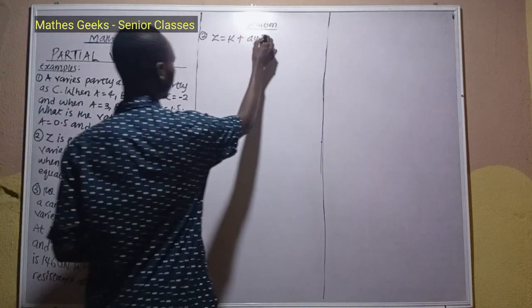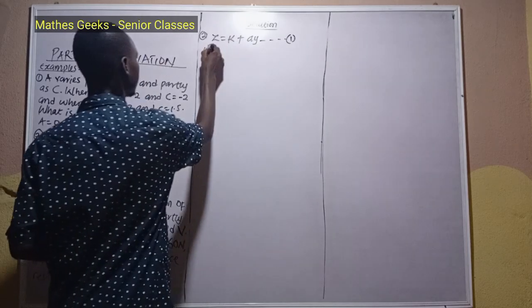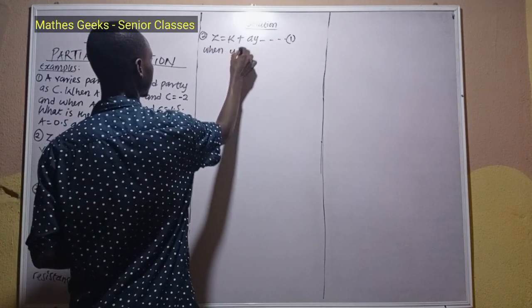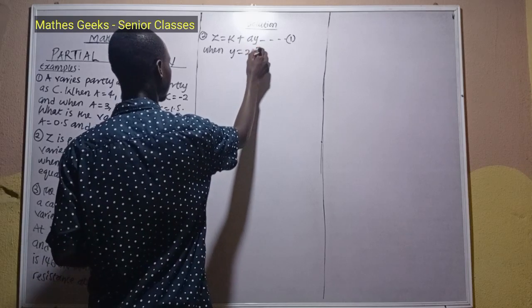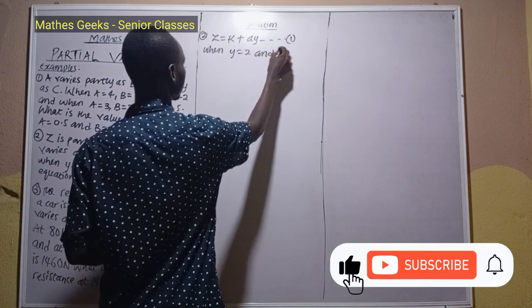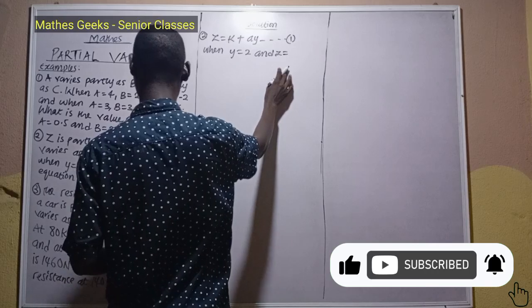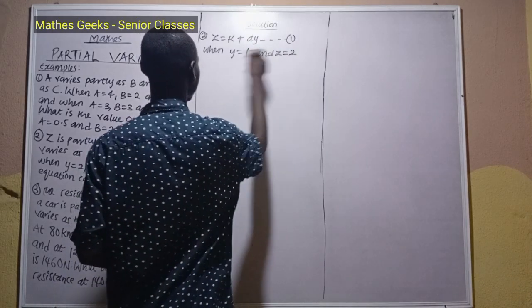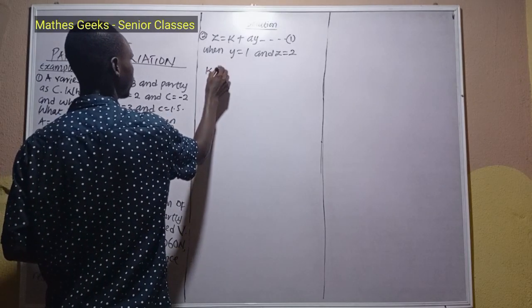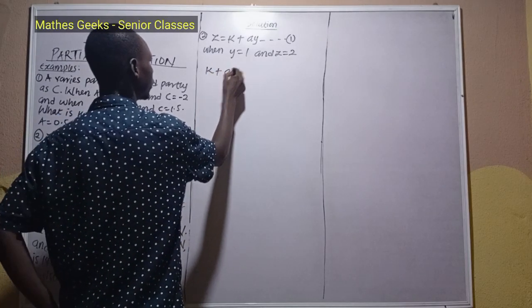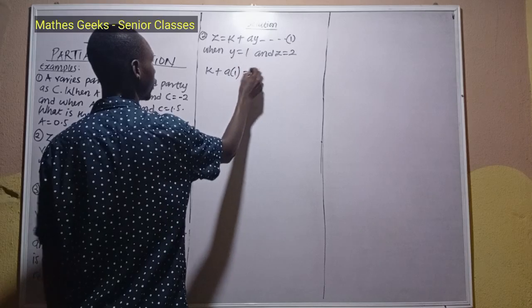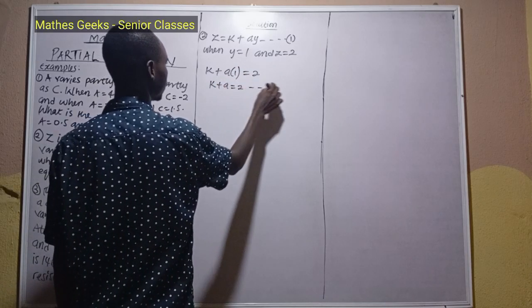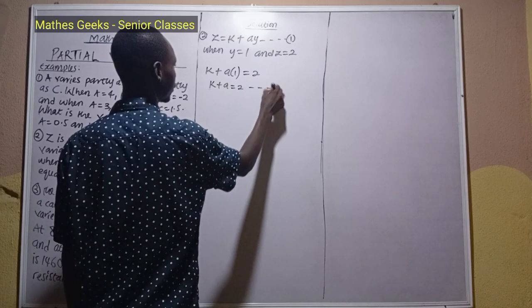So going to question 1: when y is 1 and z is 2, the equation becomes k plus e times 1 is equal to 2. So k plus e is equal to 2, equation 1.